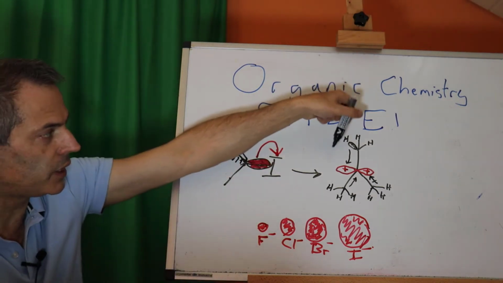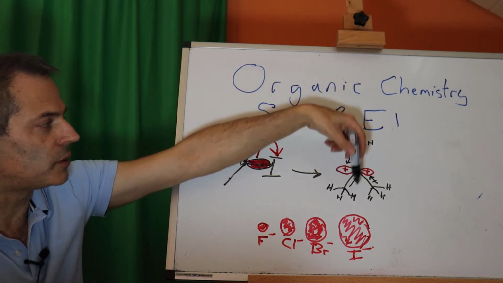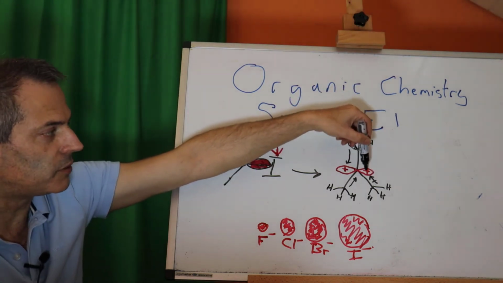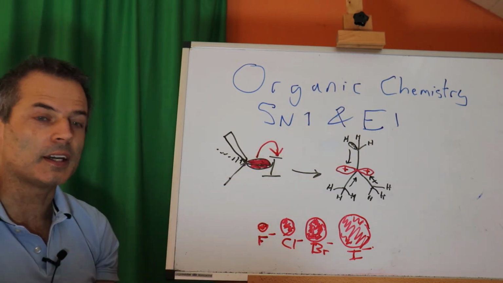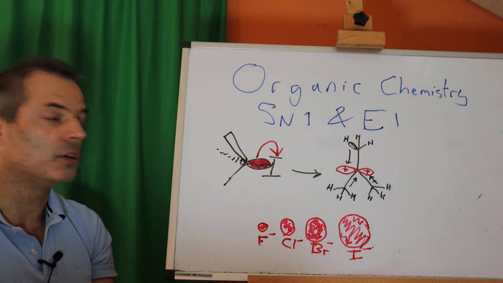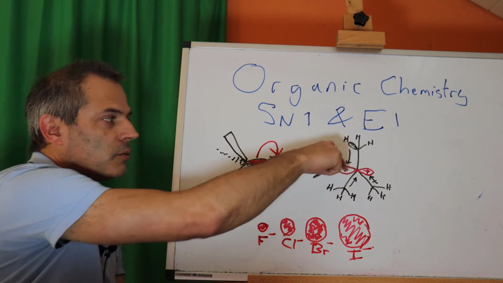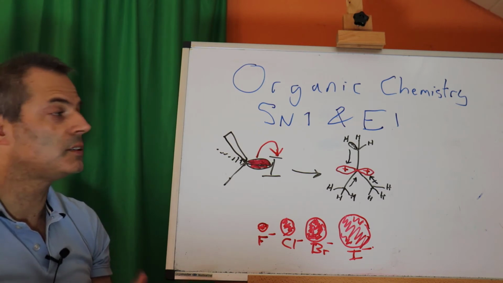It doesn't break and join in completely, but all of these hydrogens can in turn push a little bit of electron density into this positive charge. There has been discussion over which effect is stronger, whether there's a through space effect, whether there's a bonding effect, what it really is.